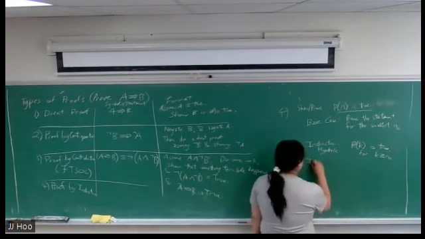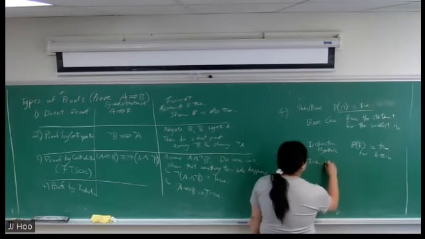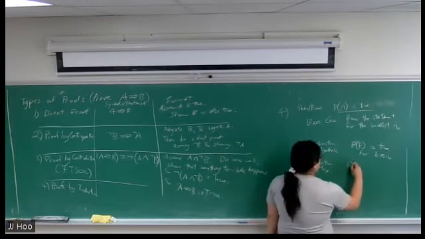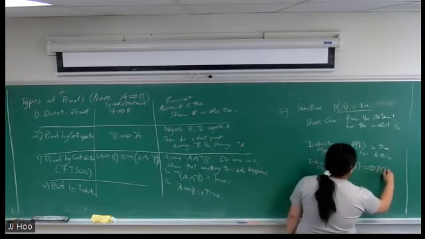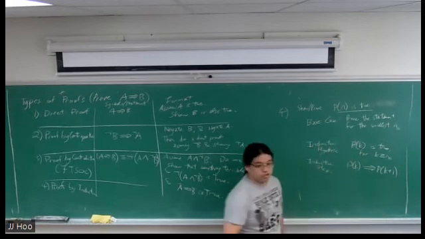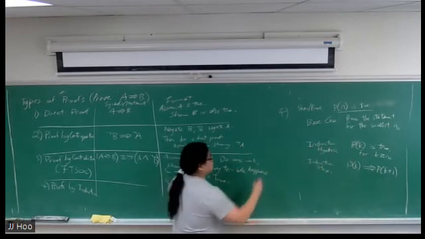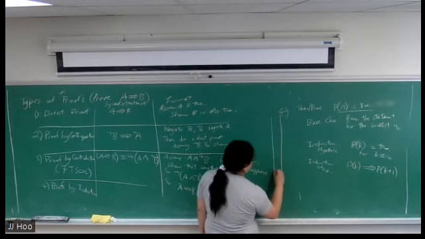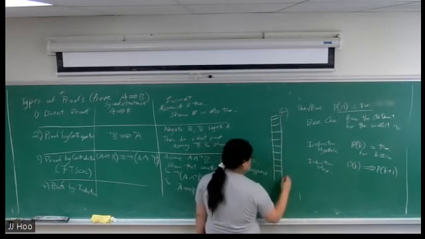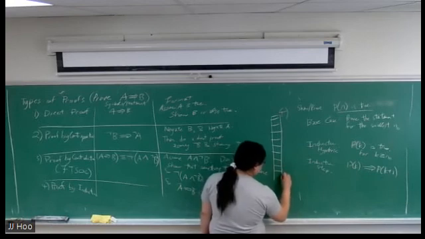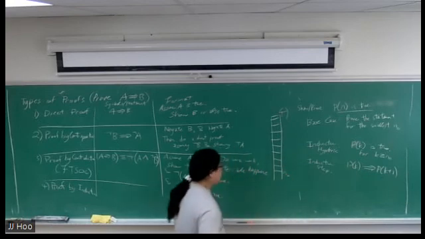Then our inductive step is to show that if the kth version is true, then the (k+1)th version is true. So think about it this way. I have a ladder, and this first rung is n0.